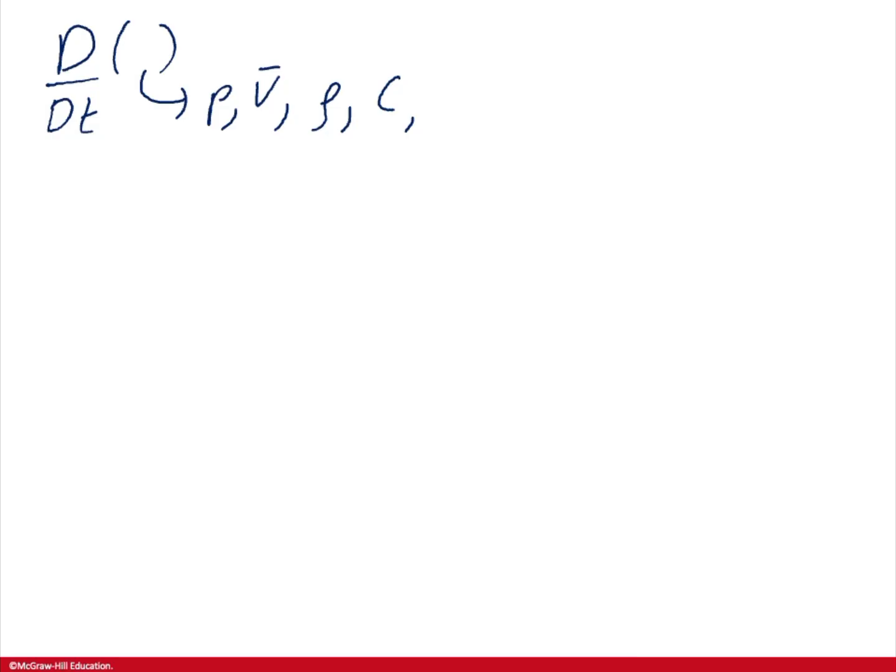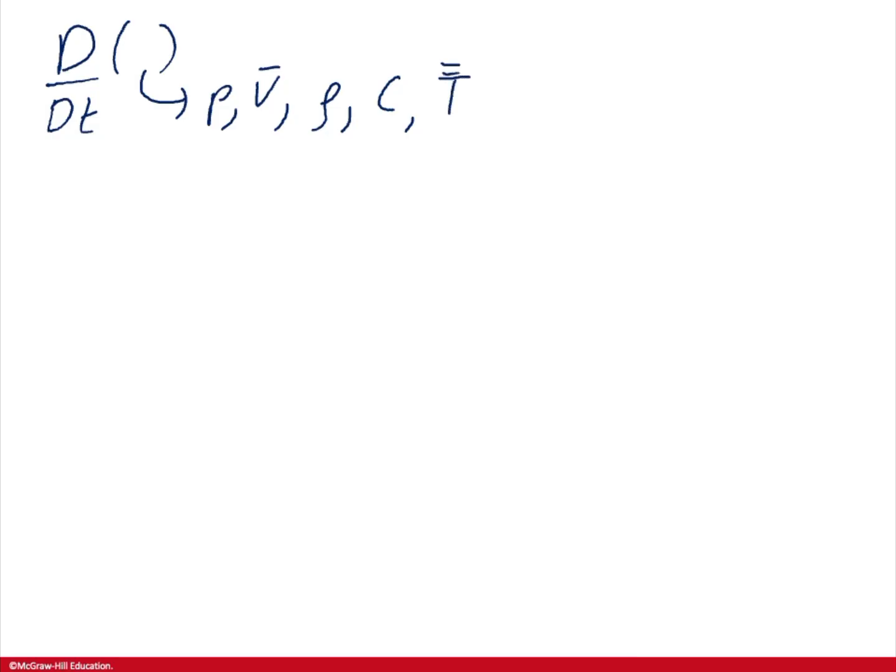So again, first off, this material derivative is a mathematical operator. It can act on different variables, right? We chose concentration partly because it's a scalar quantity. You can have this variable be pressure, velocity, density, or, let's say, stress.